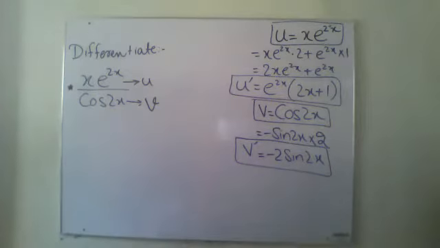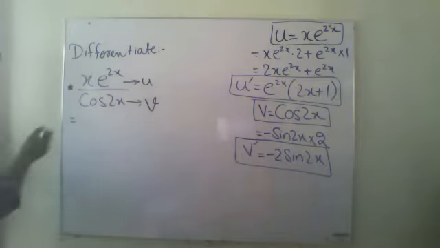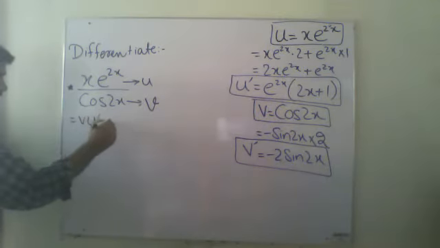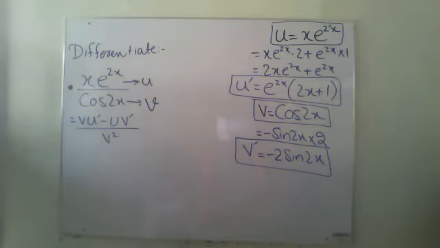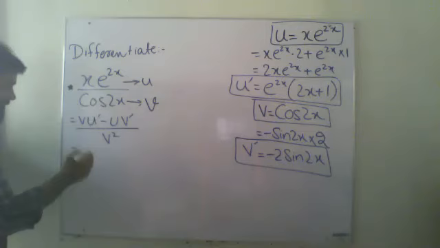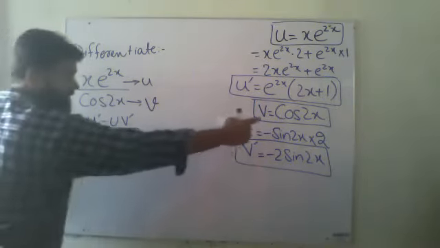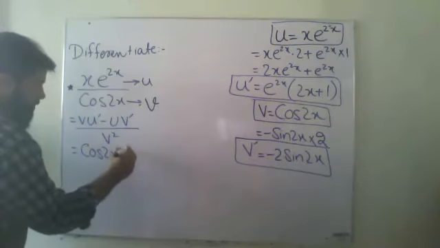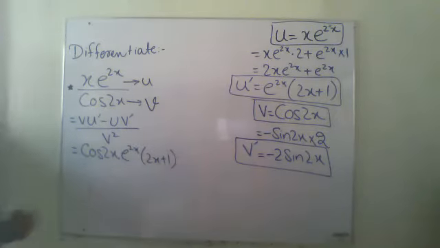Okay, so now coming to the application of the rule. The rule says v times u differential minus u times v differential, over v square. So what is my v? My v is cos 2x. u differential is e to the power 2x times (2x plus 1).